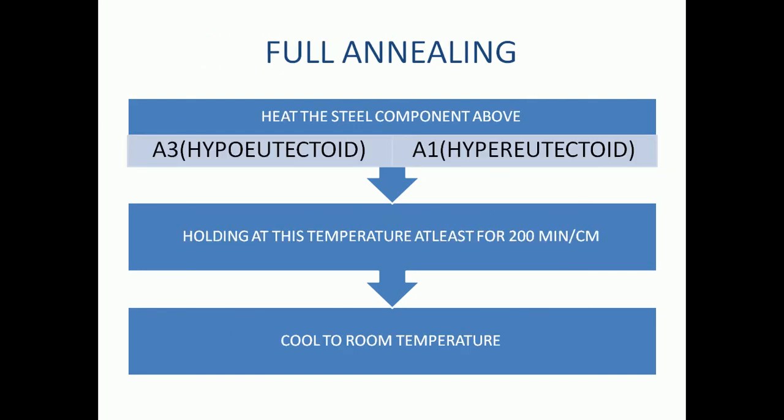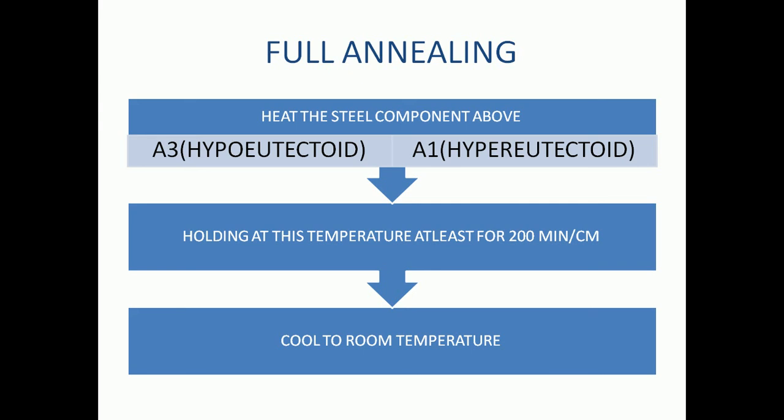Then we have full annealing. This is also applied to hypoeutectoid and hypereutectoid steel, and for both we have different temperature ranges. First, heat the steel component above A3 for hypoeutectoid and A1 for hypereutectoid.